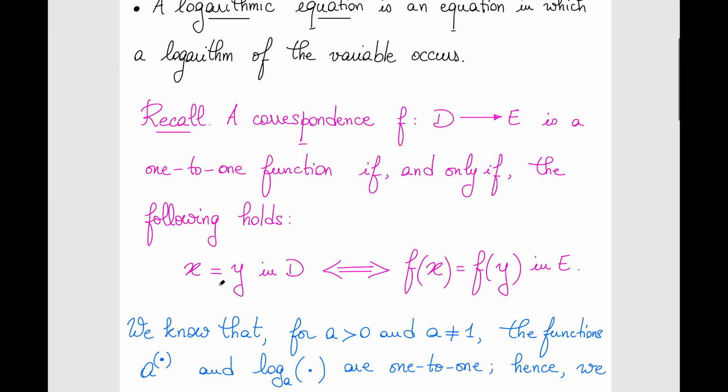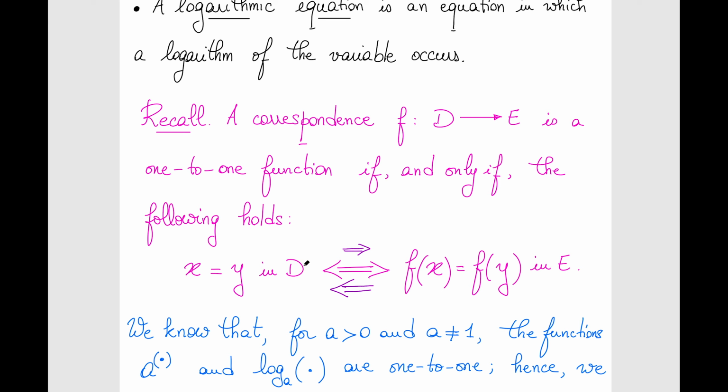If x and y are the same in the domain, that's the same thing as saying that f of x, the image of x under f, and the image of y under f are also the same in the target set E. And if you recall, the left to right implication holds because f is a function, and the right to left implication holds because f is one-to-one, correct?